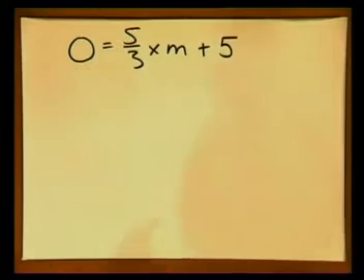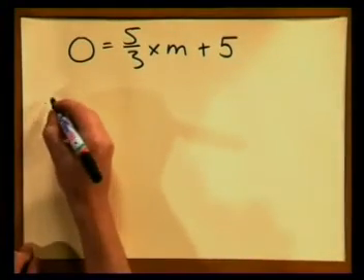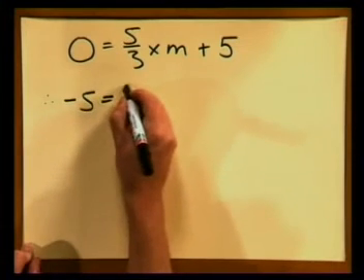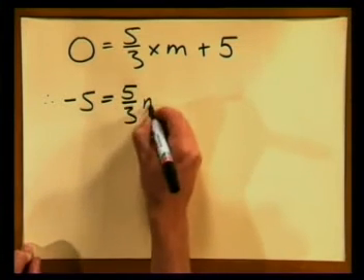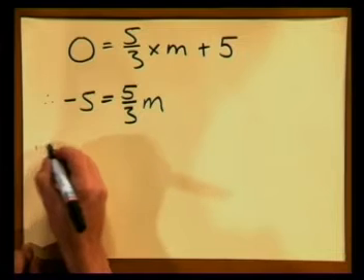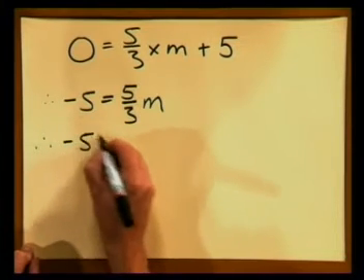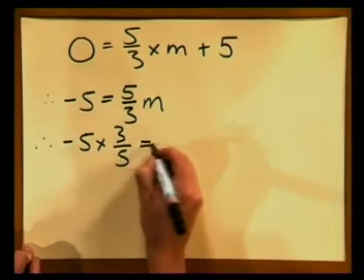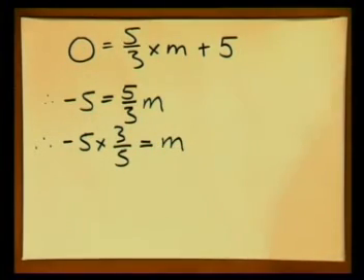Now we can easily solve for m. Lerato, can you do this? Yes, subtract 5 from both sides. Now, multiply both sides by 3/5. That's correct.